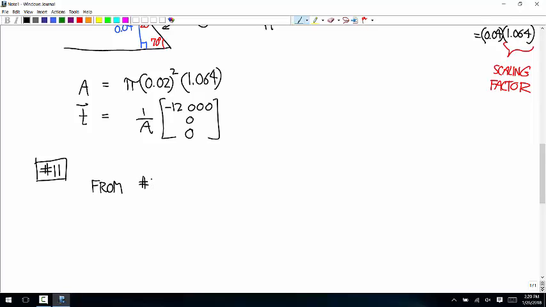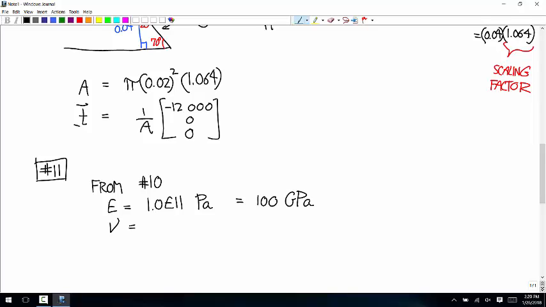Okay, from number 10, E is 1.0 times 10 to the 11th pascals, or 100 gigapascals.